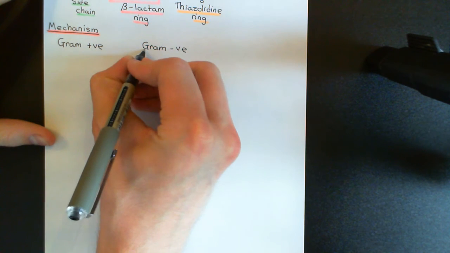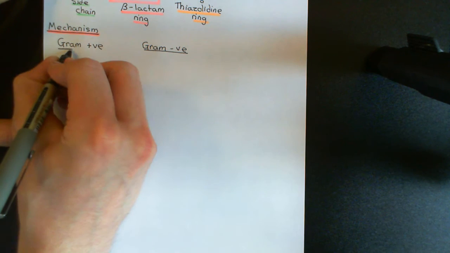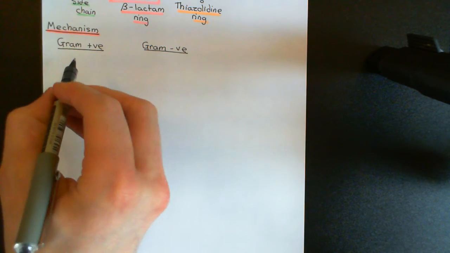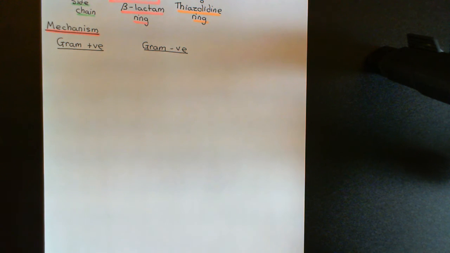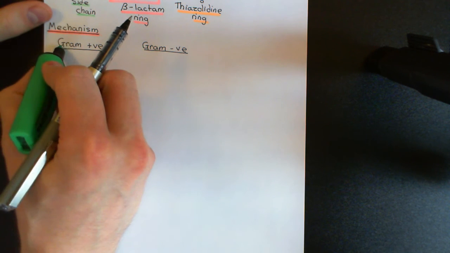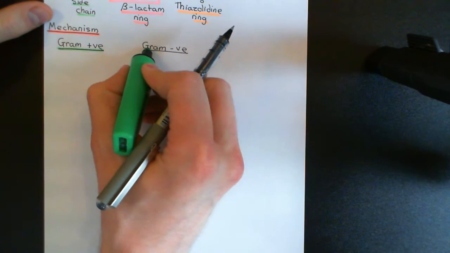These are the 2 main categories of bacteria. Now, most, but not quite all bacteria fit into one of these 2 categories. And these 2 categories of bacteria have very different structures, but they both have cell walls that are made out of the same stuff.